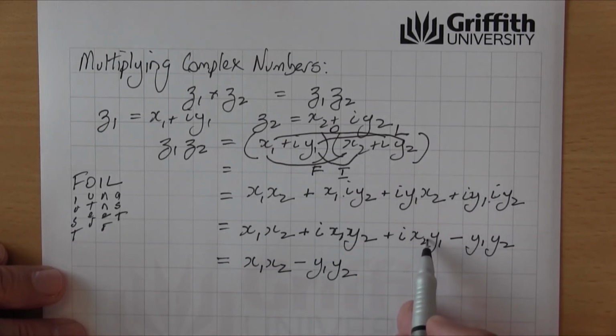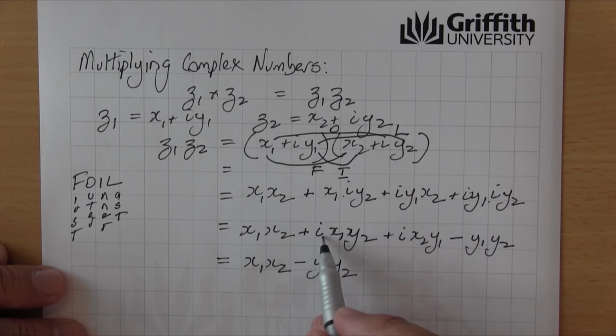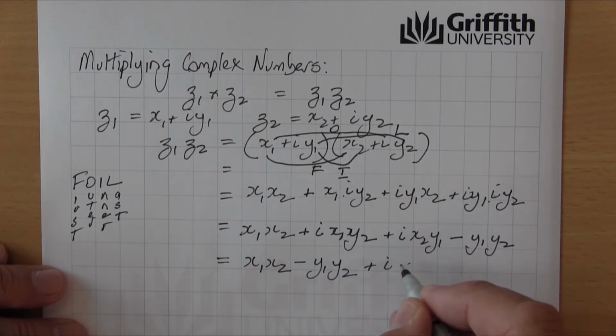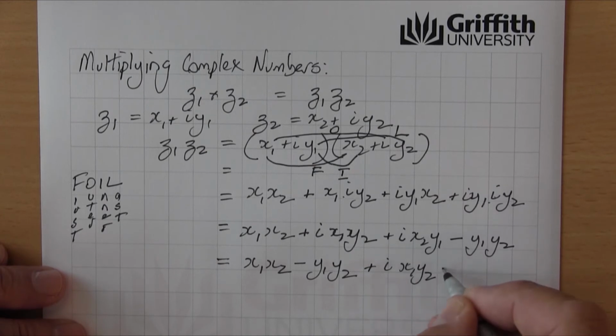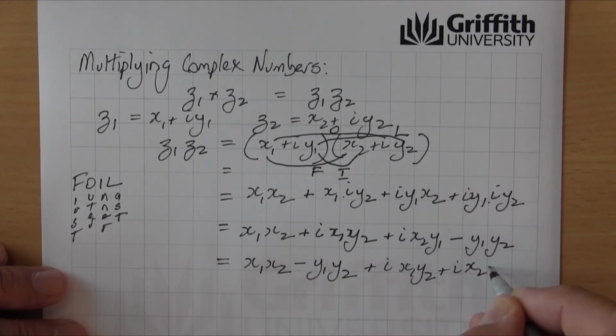And then the imaginary part of the product is the addition of these two terms. So it's plus i x1 y2, plus i x2 y1.